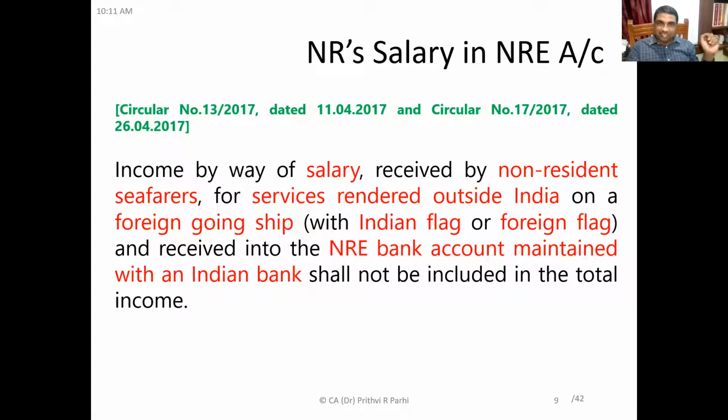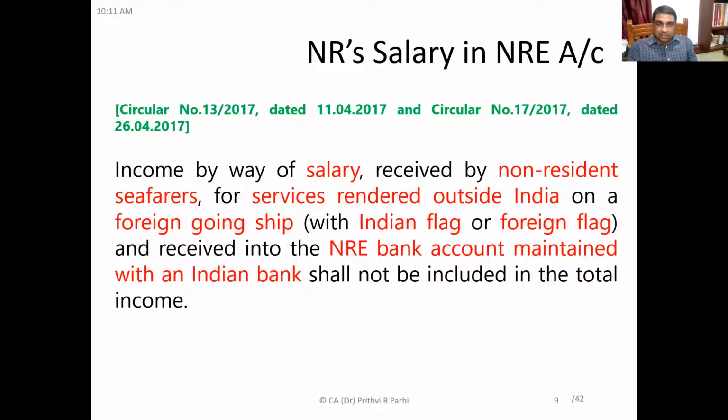Did you understand? This is not exactly a provision; it has been addressed in this particular circular. The circular is also relevant for us. This is an exceptional thing.